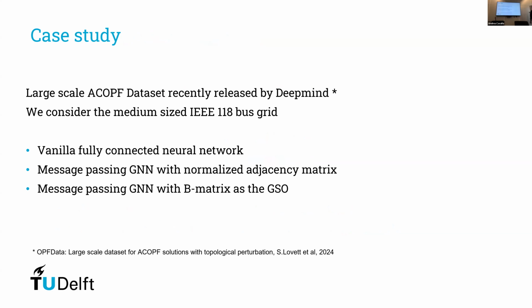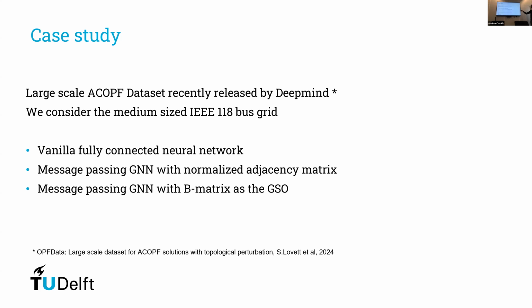It's a very small case study. We've used data from the large-scale ACOPF dataset that was recently released by DeepMind. We considered the medium-sized 118 bus grid, and maybe I'll explain the benchmark a little. We used a vanilla, fully connected feed-forward neural network.